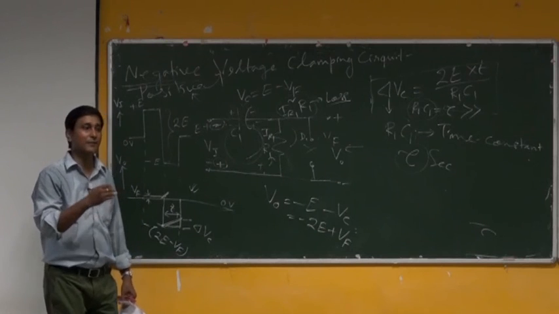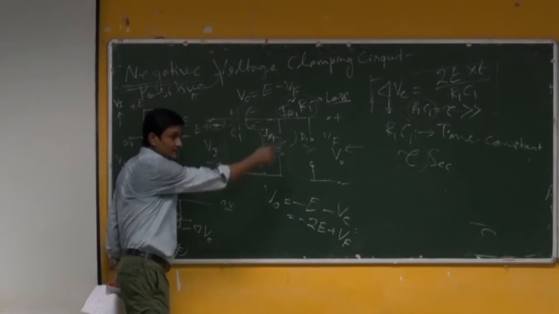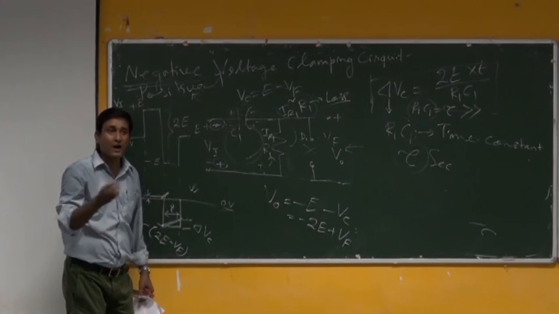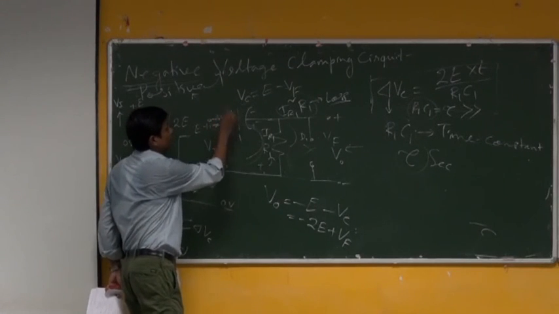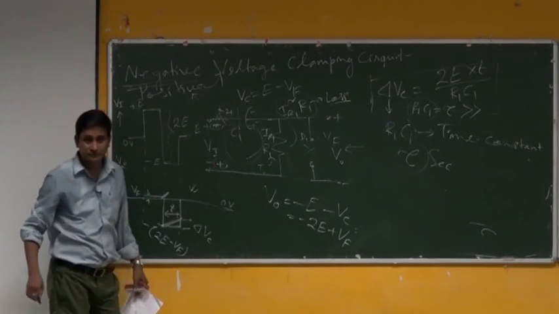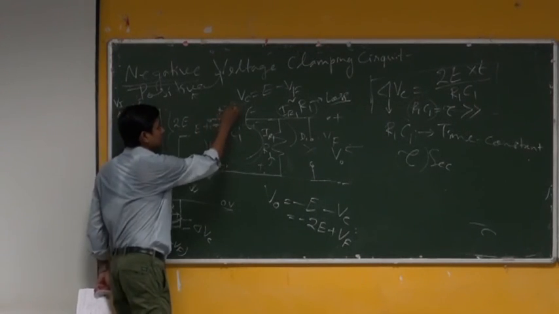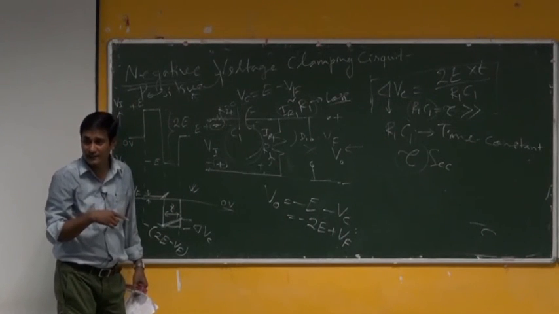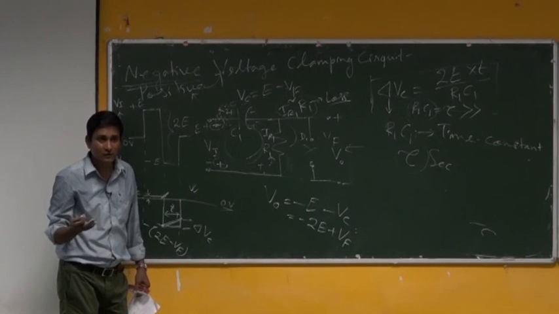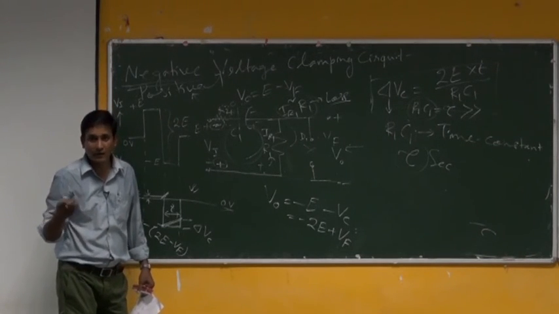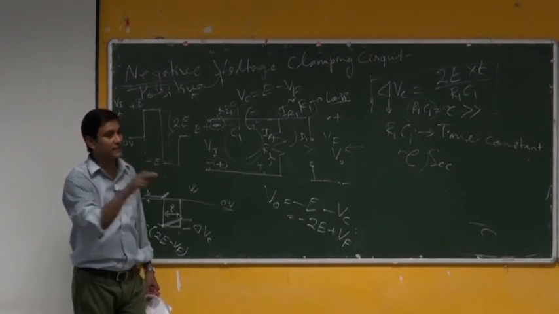If some resistance comes in the same circuit through which charging happens, then how does it affect? Say if another resistance were connected, the scenario would be different. Since R2 is equal to 0, what is the time constant there? R2 into C1 would be 0. If it is 0, then immediately it will go, or in other words, nobody is there to resist whatever I am asking to do.